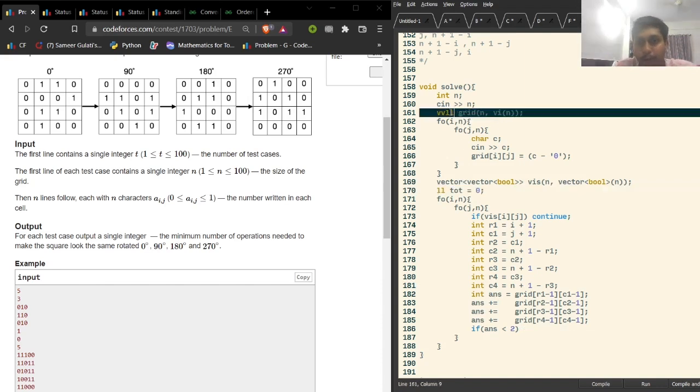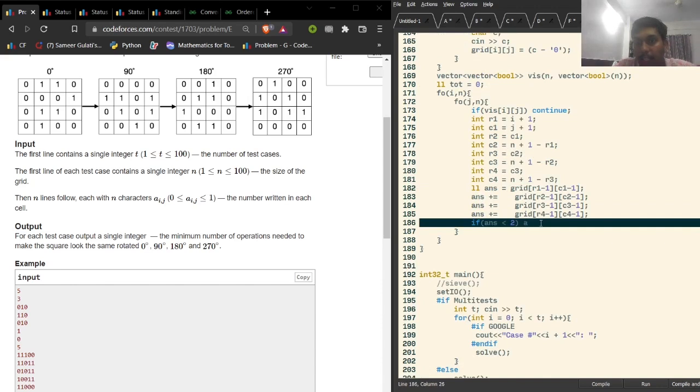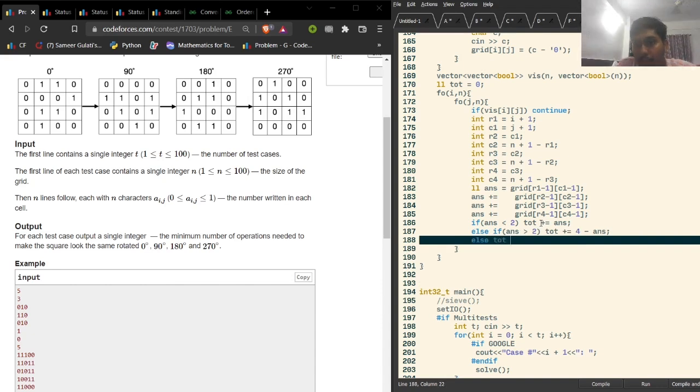Technically it's better to use longs everywhere, I believe. No, here it can be integers, that's fine. Okay, let's just have this as long. So if answer is less than 2, in total I will have to add answer. Else if answer is greater than 2, then in total I will have to add 4 minus answer, else I will have to add 2.